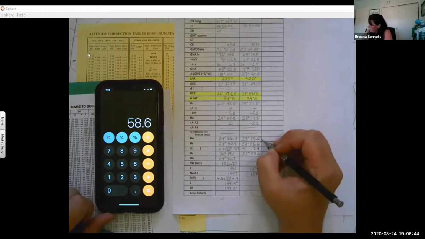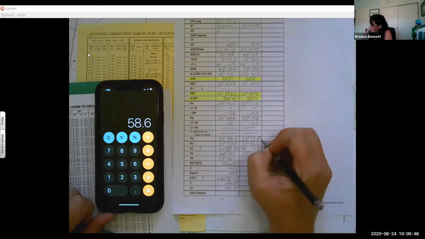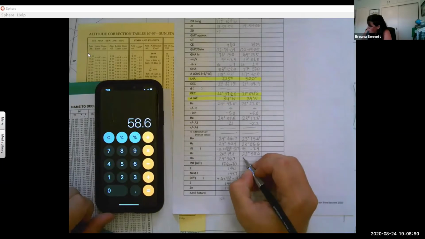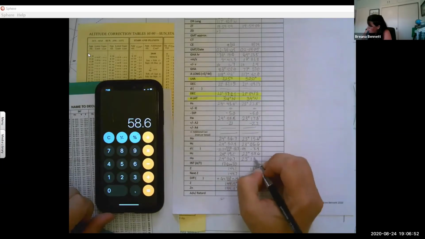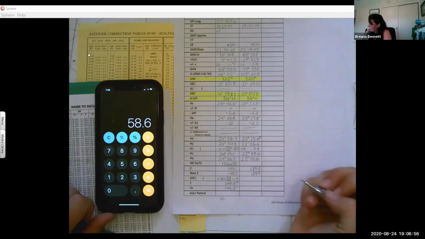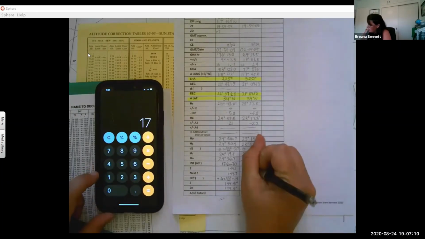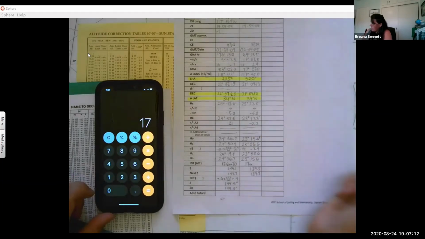We'll move down our HO, and we get 23 degrees, 15.6. Still pretty close here. So we have 15.6 plus 60 minus 58.6 gives us 17 nautical miles.